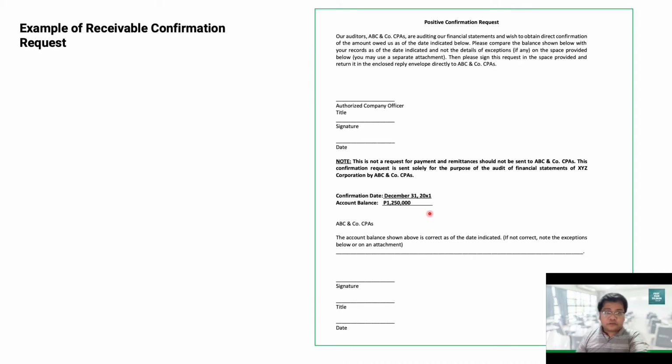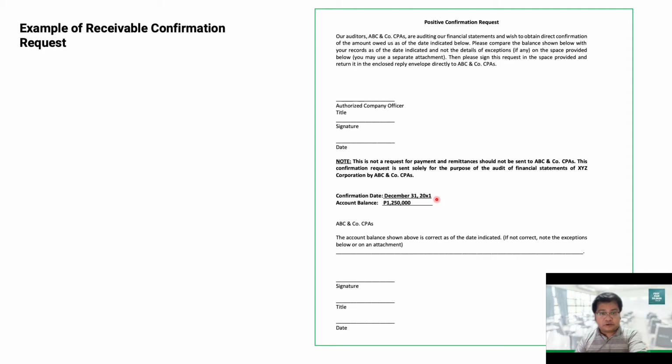Okay. So although what we are confirming is the balance as of December 31, 20x1, sometimes the customer would not actually look at the date, and they would want to state how much their balance is as of the date that we sent the confirmation, let's say the second week of January.